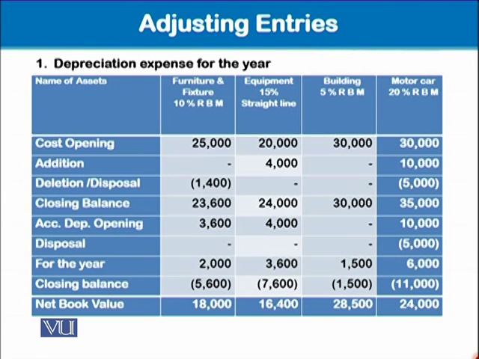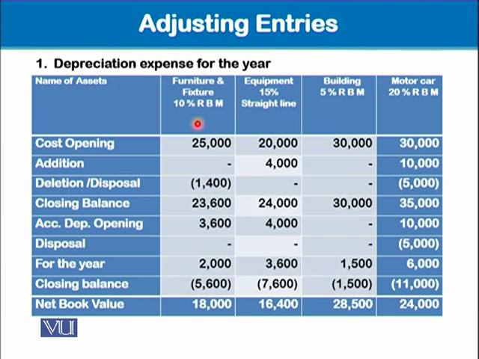Well, first of all, we have to work out depreciation expense for the year, in which we see that there is a table in front of us. In this table, you have furniture, equipment, building, and motor car.